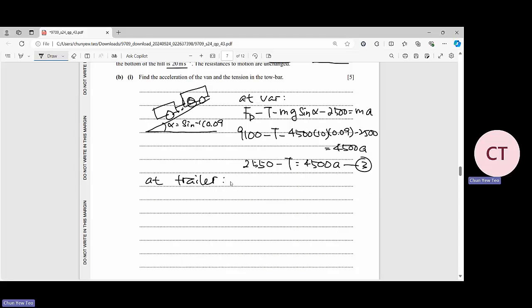At the trailer, we have another one: T minus the mg sine alpha minus the frictional force, the resistance force, which is 300, then equals to ma. So we have T minus 750 times 10 times sine alpha, not theta, alpha.